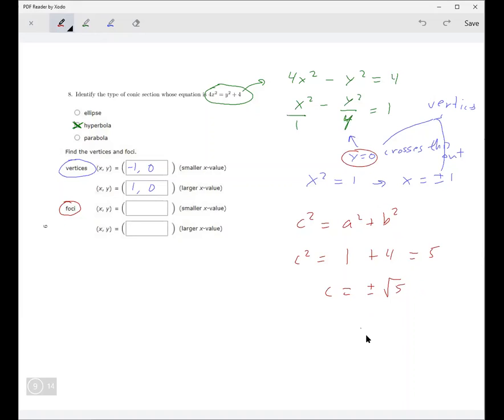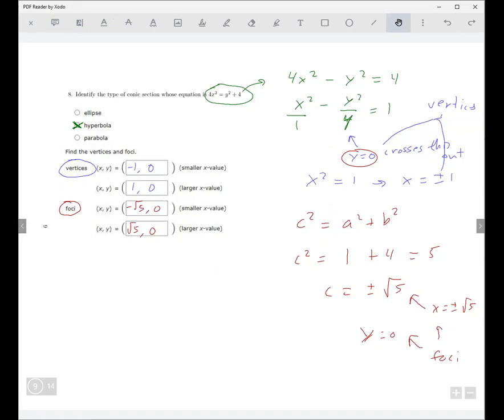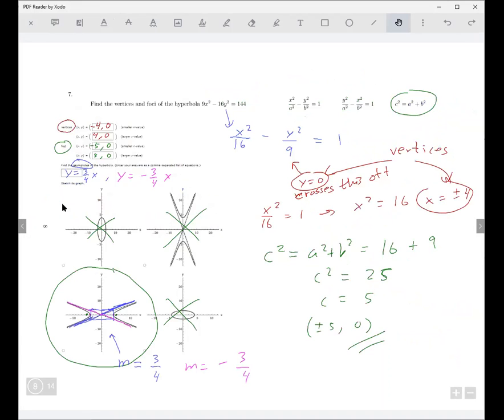And again, pairing that with y equals 0, that's going to give you the foci: negative √5, 0, and √5, 0. Unfortunately, they didn't ask us to graph this. Oh well, too bad. Any questions about this one? I'm just using the hyperbola equation because we figured out it's a hyperbola.